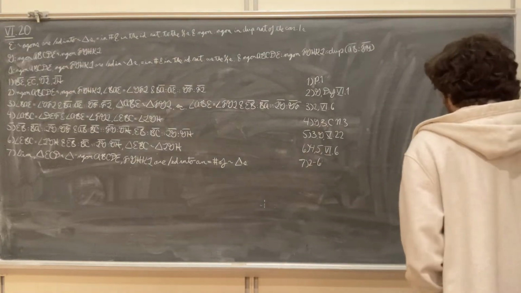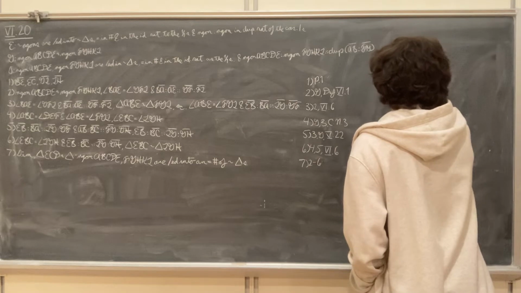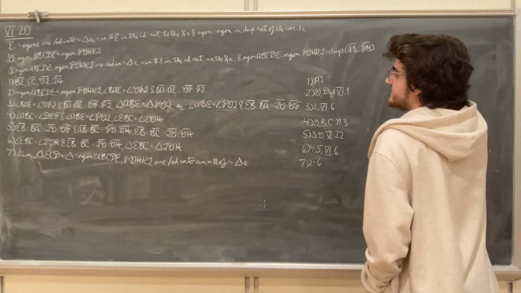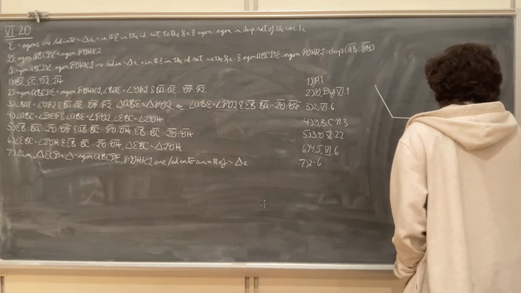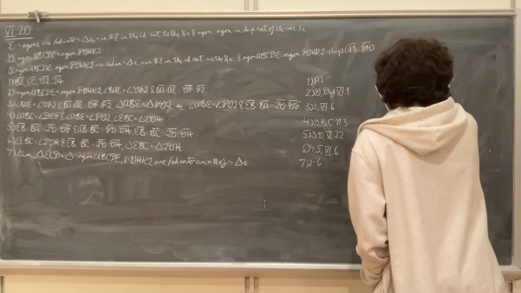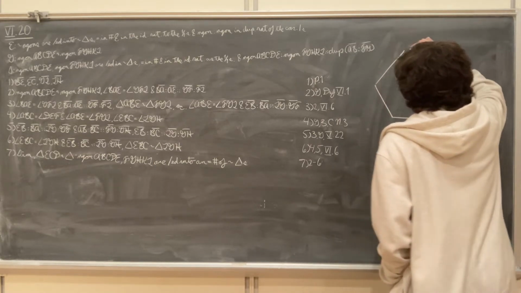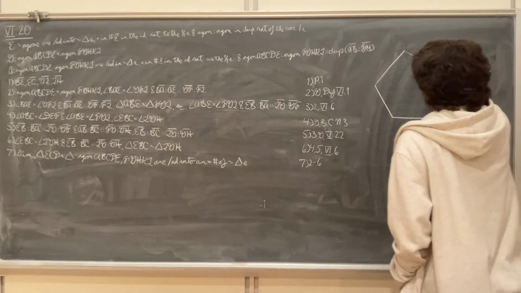So what we're given is two similar polygons, A, B, C, D, E, and F, G, H, K, L. I'm going to draw them real fast. Like that.